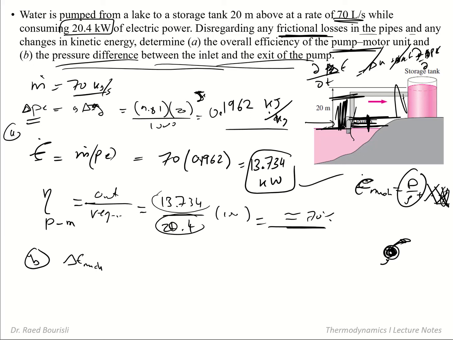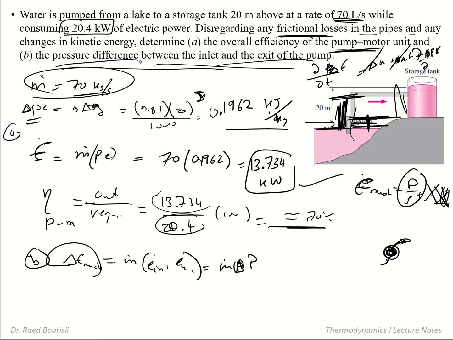For the pump, for the fluid, it is m dot, which is 70, times delta P. Delta E dot, mechanical energy in minus mechanical energy out, is equal to m dot delta P. I know what this mechanical energy was.